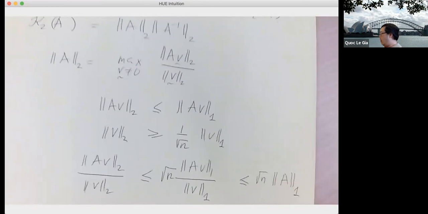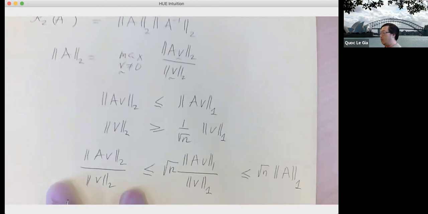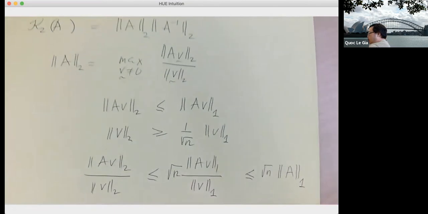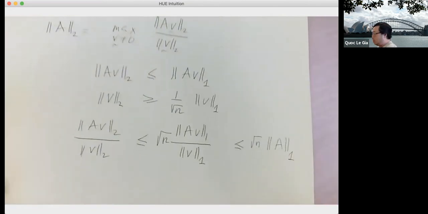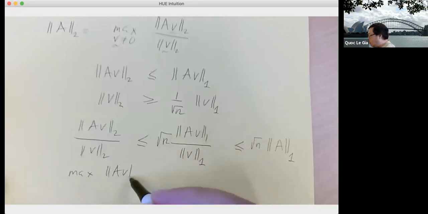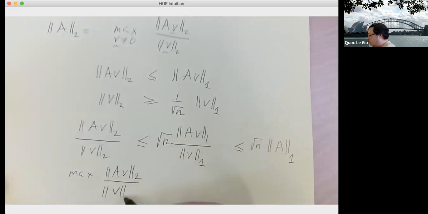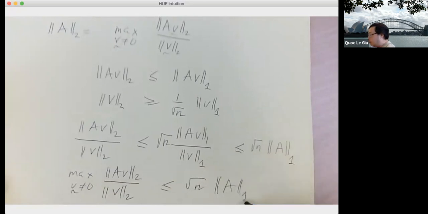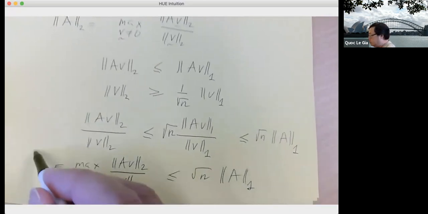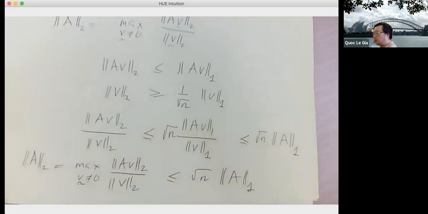Now if you take the maximal on the left, the max of the 2 norm of AV over V, then it's less than or equal to square root n times the 1 norm here, and the left side is actually just the 2 norm of the matrix.